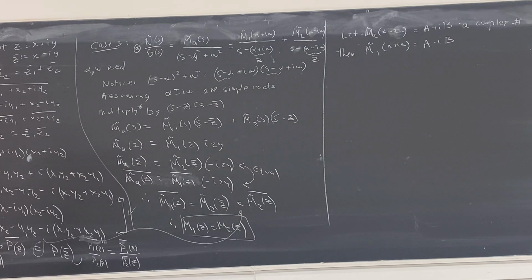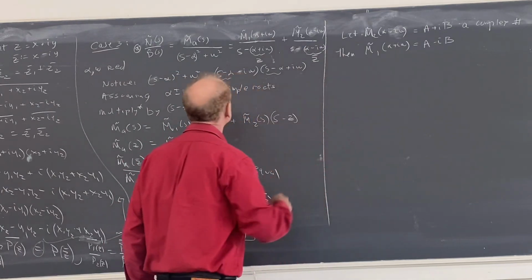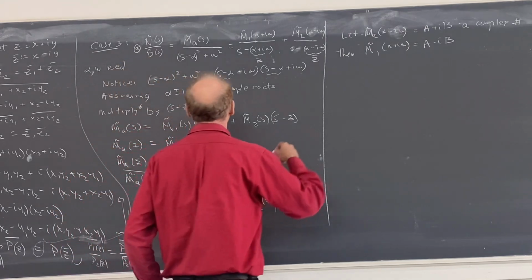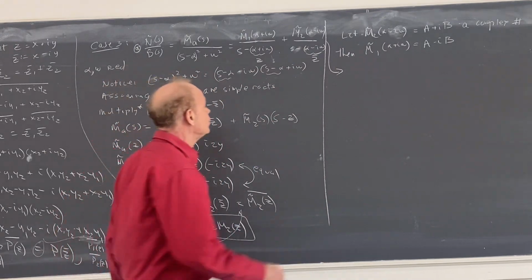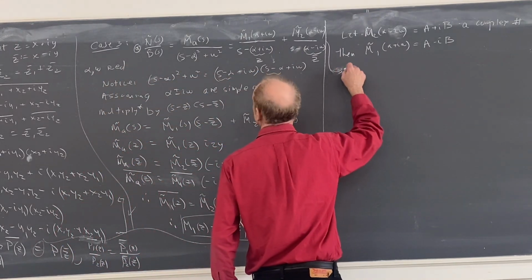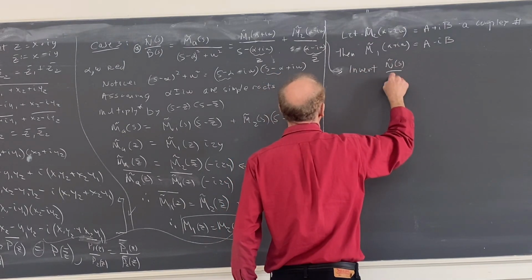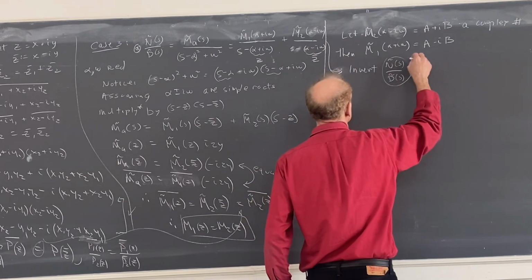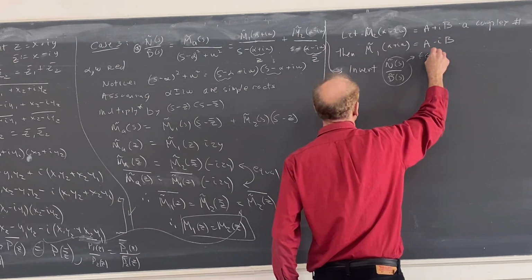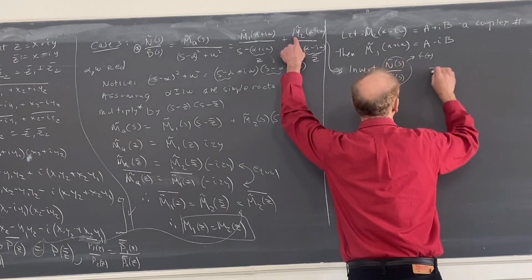Okay, so now we can start doing something. So now let's invert n tilde of s over d tilde of s, inverted to some function of t. So I have a coefficient here, a plus ib.